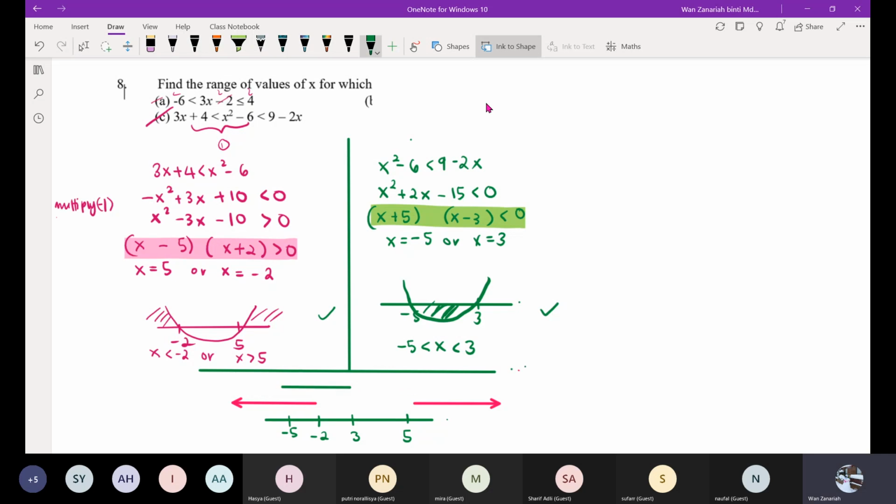Okay, what do we want? Since it is a combination, it is AND, so you write AND here. You are finding the intersection. Only the intersecting part is the answer. So the answer is x is in between negative 5 and negative 2.